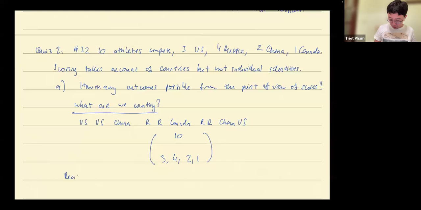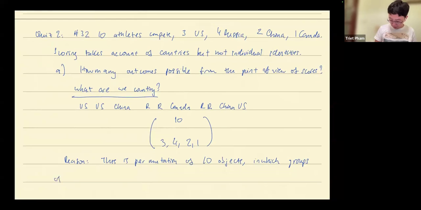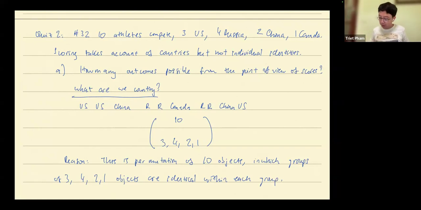If you want to write down a reason, we can say this is the permutation of 10 objects in which groups of 3, 4, 2, 1 objects are identical within each group. Okay. Any question?